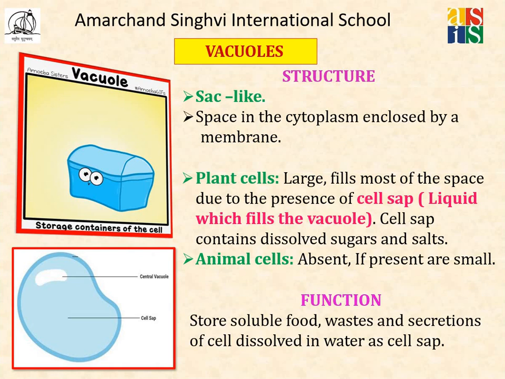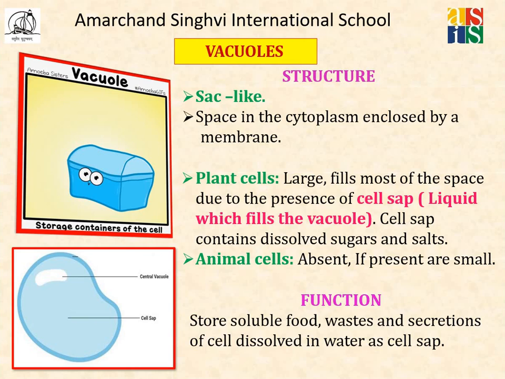Next organelle is vacuole. Vacuole is a sac-like structure present in the cytoplasm. The space in the cytoplasm enclosed by a membrane is what we call vacuole. Plant cells have large vacuoles. Most of the space is occupied by the vacuole. Vacuole contains cell sap, which is the liquid present inside the vacuole.